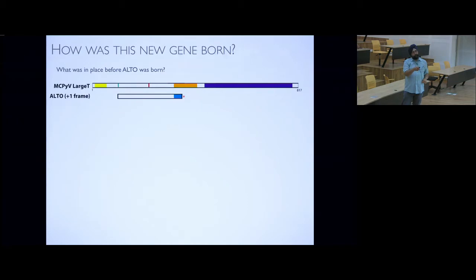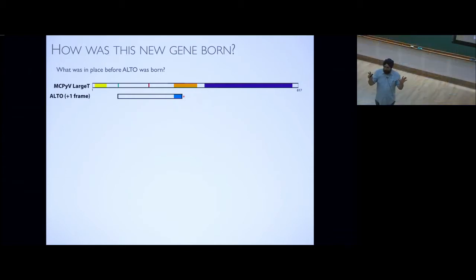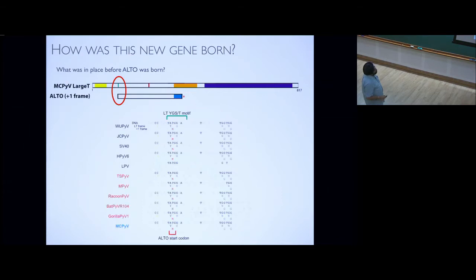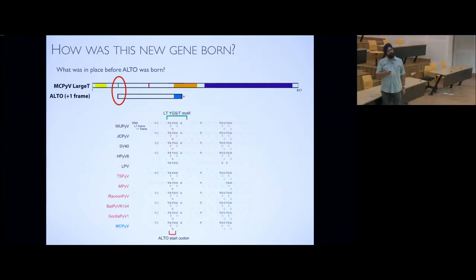So let's take a look at what are the features you need to make a protein coding gene. You need a start codon. You need a stop codon, and you need no stop codons between those, right? Those are the three features you need. So let's look at the area corresponding to the ALTO start codon. I told you about this motif that is absolutely essential for large T antigen function, right?